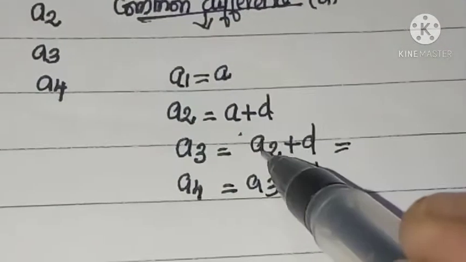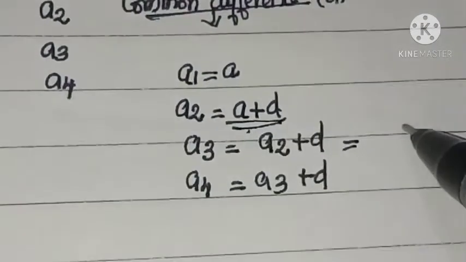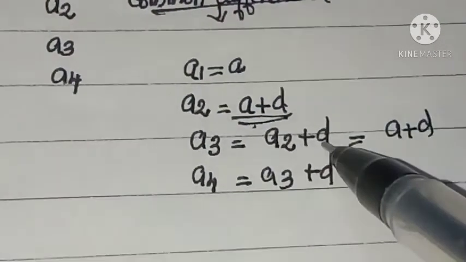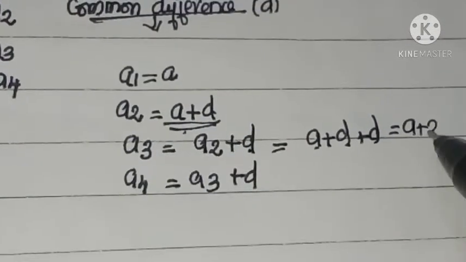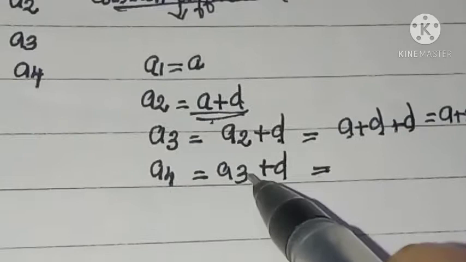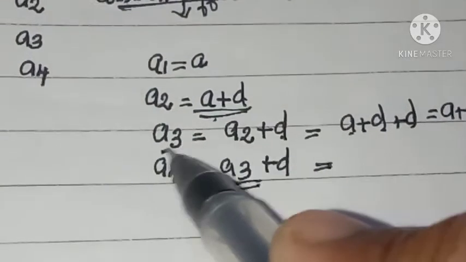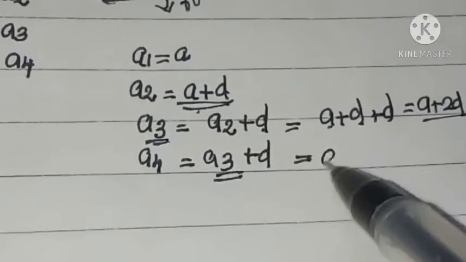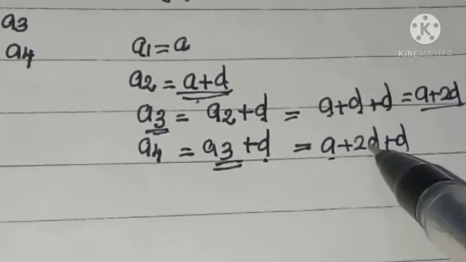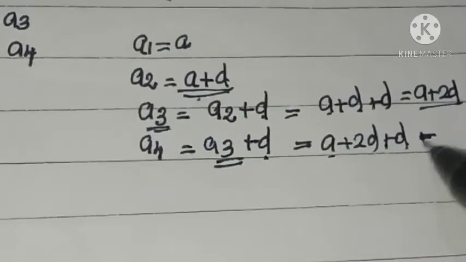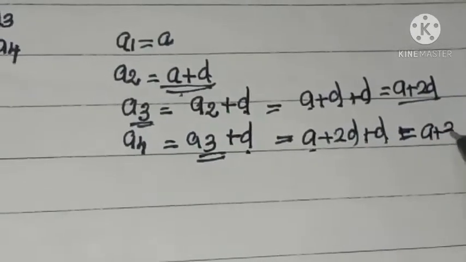Here the second term can be written as a plus d. Then a3 is a plus d plus d, which is a plus 2d. Then a4 is a plus 2d plus d, which is a plus 3d.